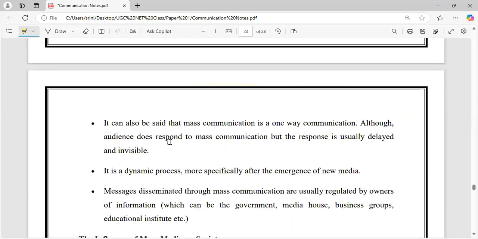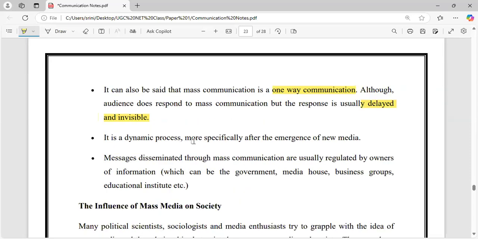It can be said that it's a one-way communication. Although audience does respond to communication, the response is usually delayed or invisible. Like we are sending feedback to a radio station or someone from TV news or YouTube channels. They are making comments, and it's a dynamic process.